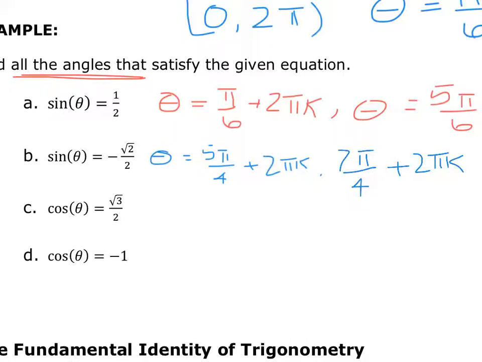Yes? What is the k for? So k is an integer, so this is telling me that these are coterminal angles. Any coterminal angle to 5 pi over 4 will be an answer, and any coterminal angle of 7 pi over 4 will be an answer. So this part right here is the coterminal part.